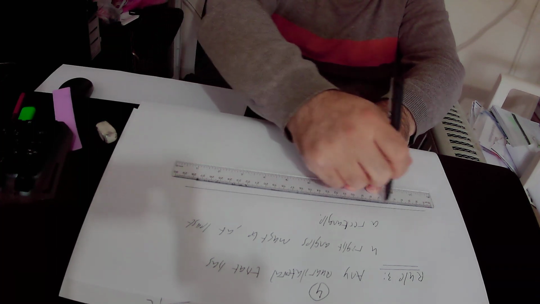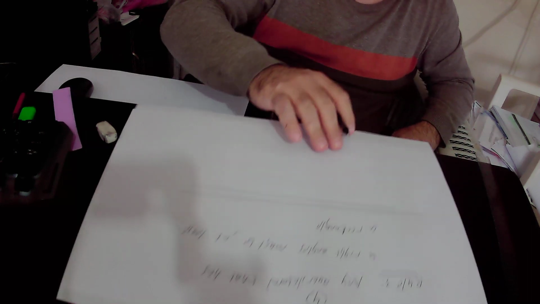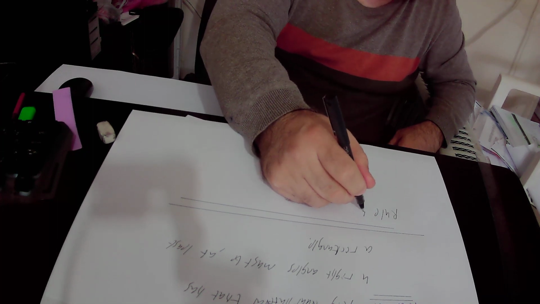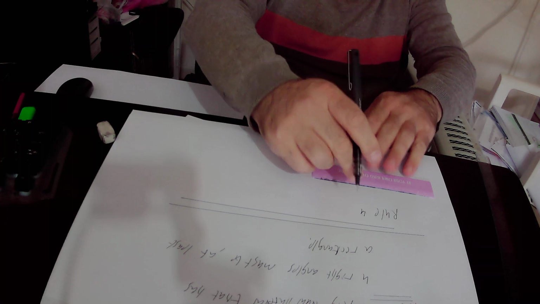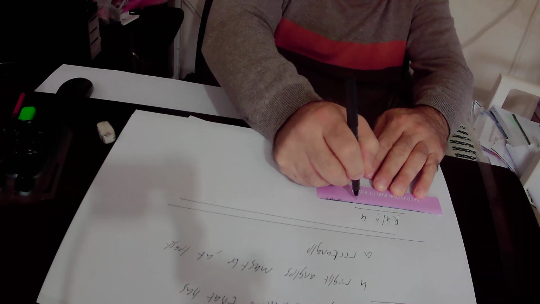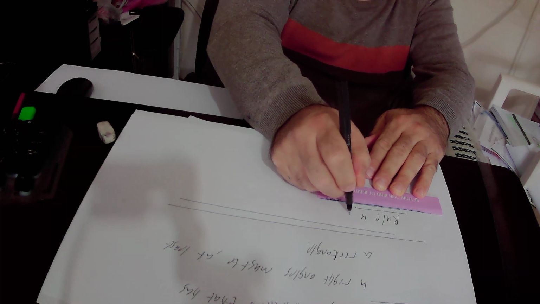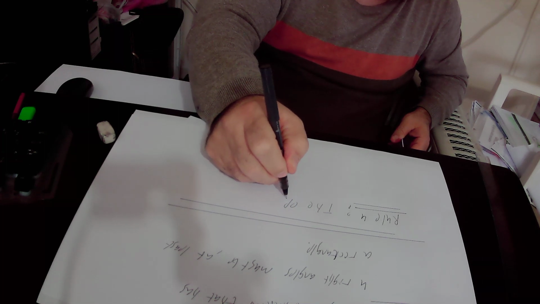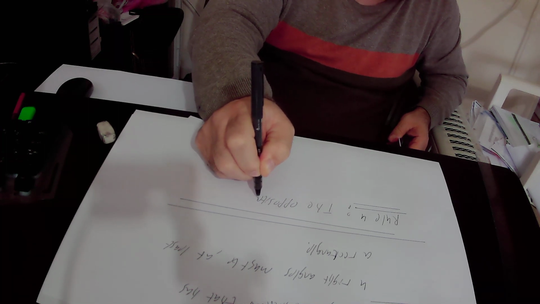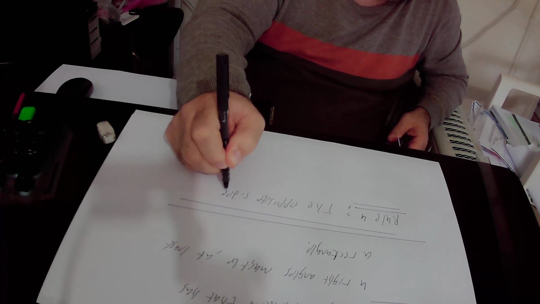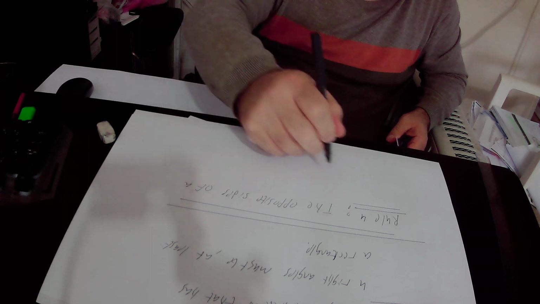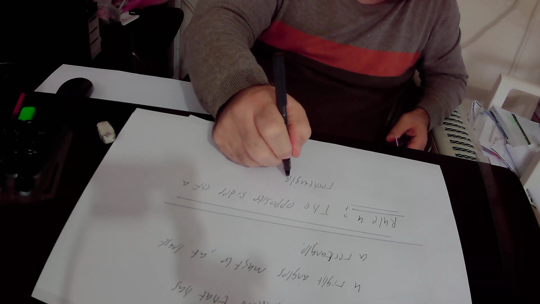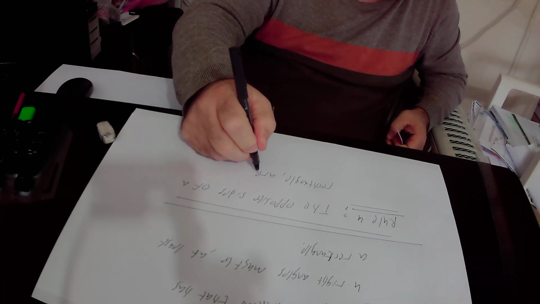And we also have rule number 4 that states that the opposite sides of a rectangle are equal to each other.